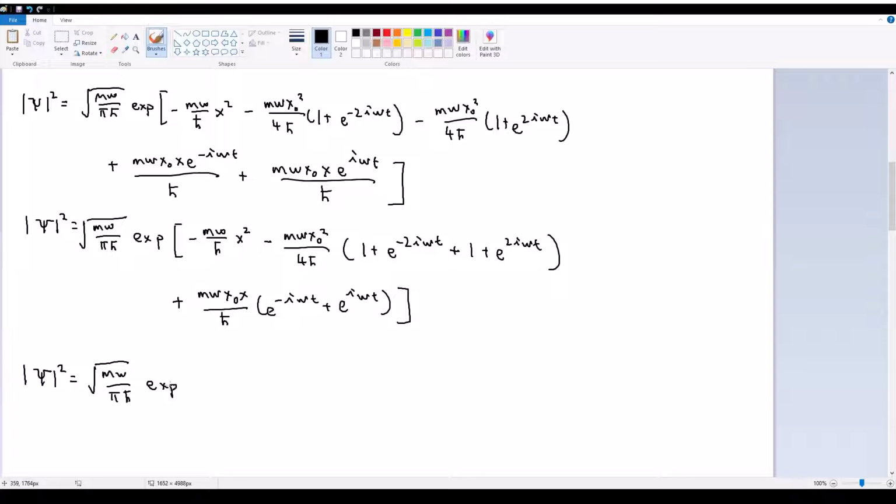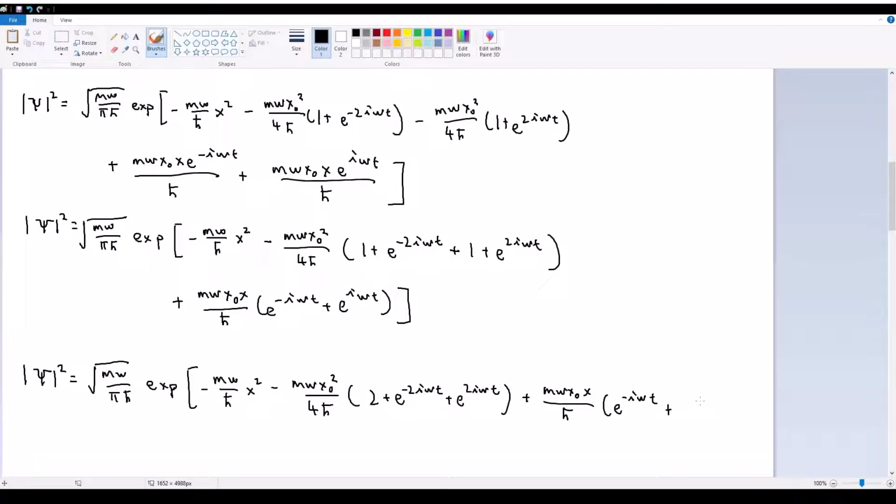Our exponential, negative m omega over h bar x squared minus m omega x naught squared over 4 h bar times 2 plus e to the negative 2i omega t plus e to the 2i omega t. Plus m omega x naught x over h bar times e to the negative i omega t plus e to the positive i omega t.